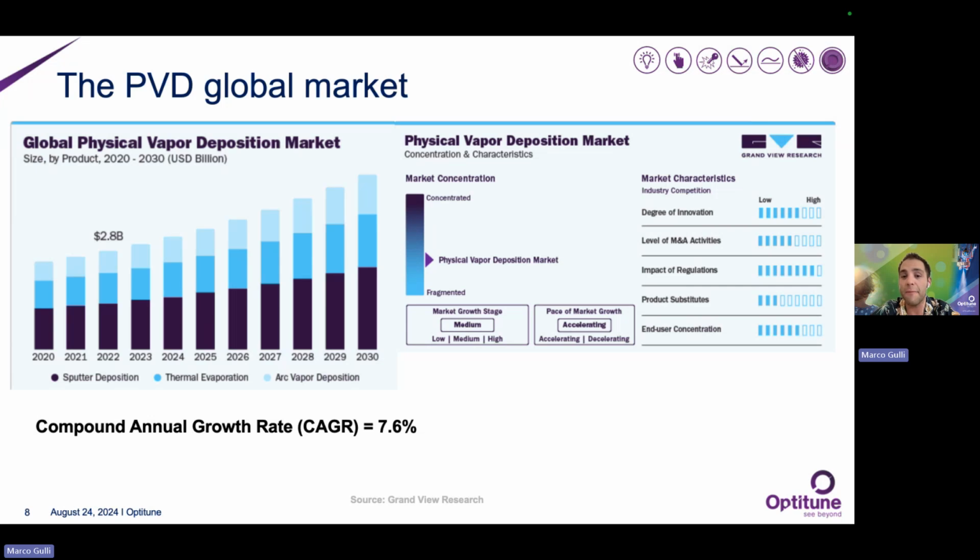And the impact of regulations on this kind of market is high. And of course, it will be growing in the upcoming years because of its varied and numerous applications.